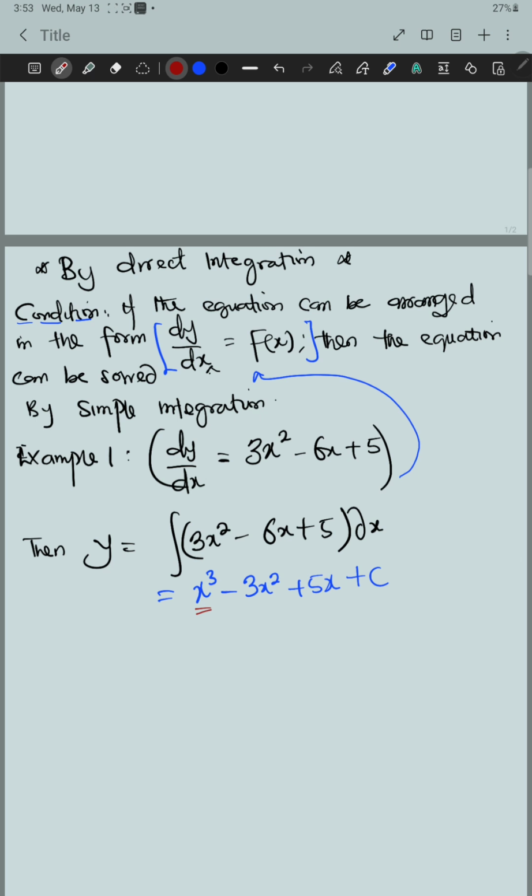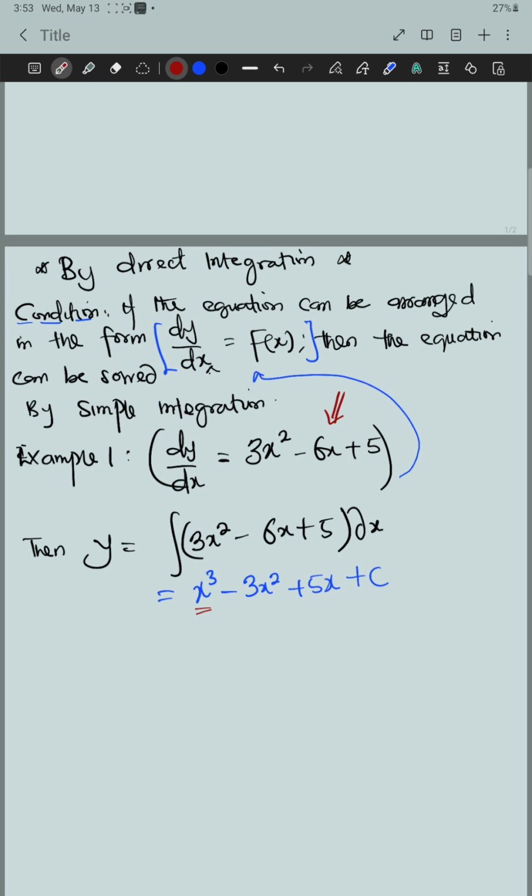Now, this method is valid. Why? Because the question came in as dy/dx = 3x² - 6x + 5, that is, dy/dx = f(x). That is why it was so easy for us to integrate this function.